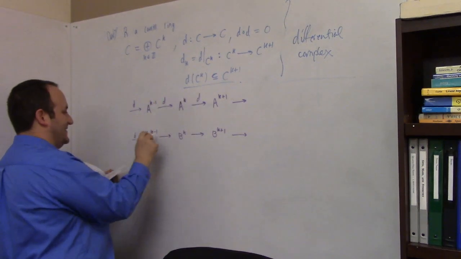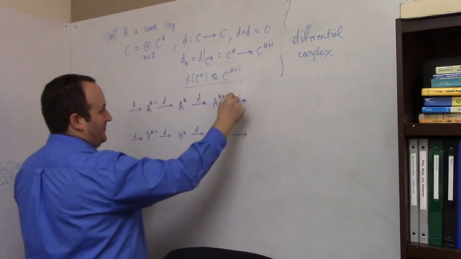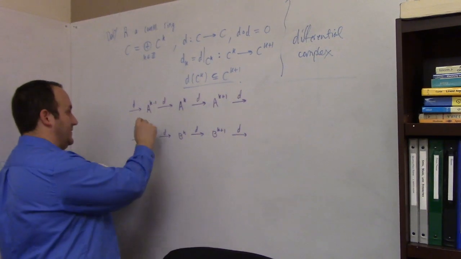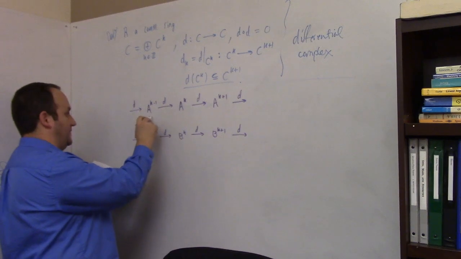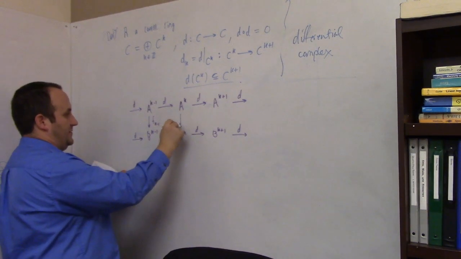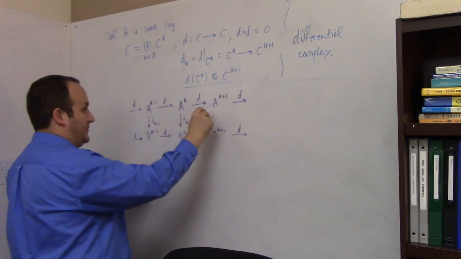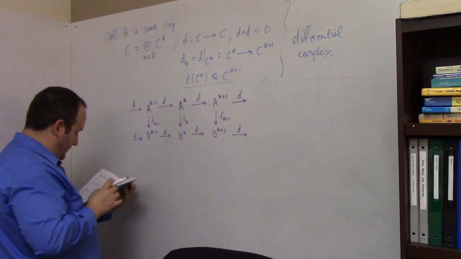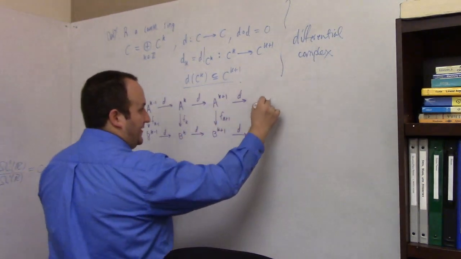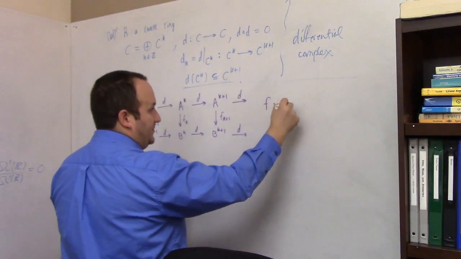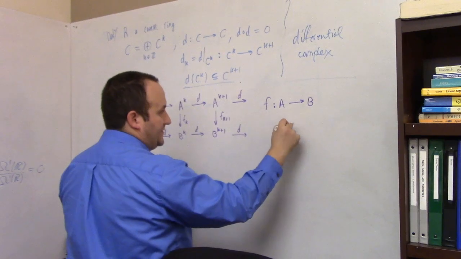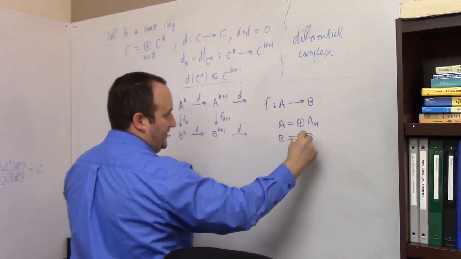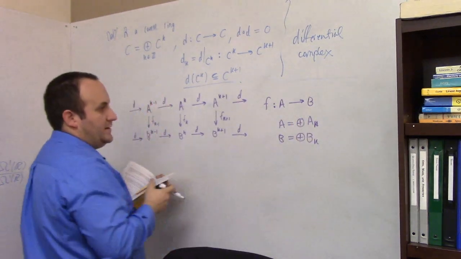Fine. I guess if we were in Rotman, we'd probably put a prime on one of these. And so here there's a map F_{k-1}, here's a map F_k, here's a map F_{k+1}. So basically a map F from A to B, where A is the direct sum of the A_k's and B is the direct sum of the B_k's.